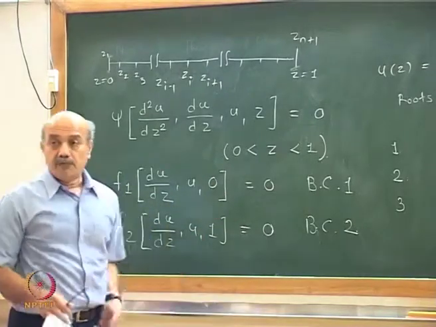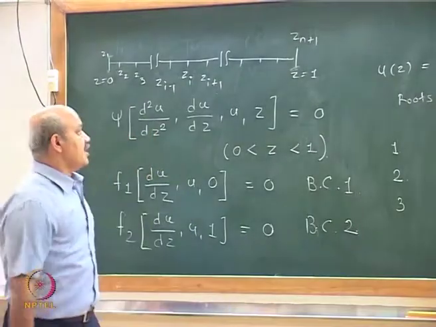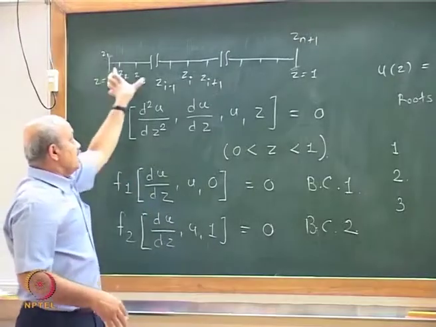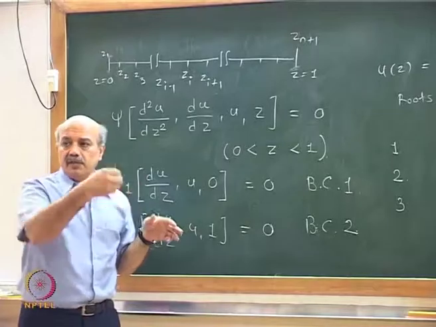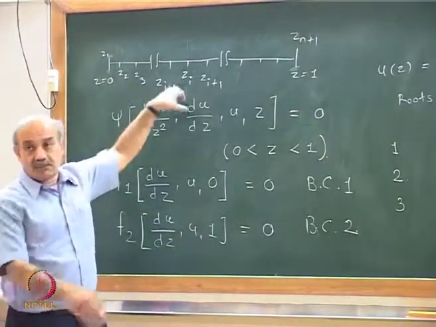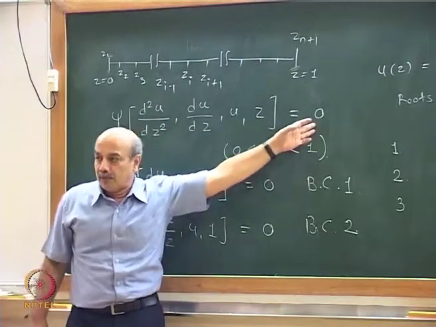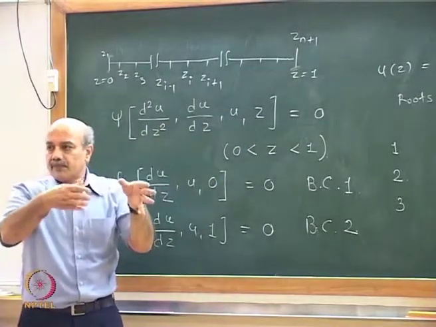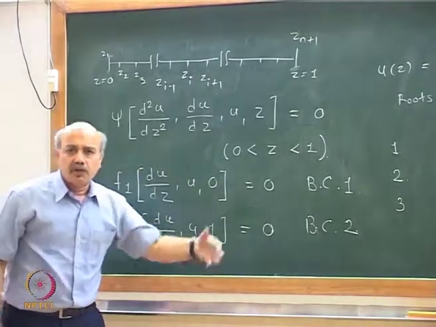If you want more collocation points, then typically we do orthogonal collocation on finite elements, which means we divide the domain into sub-elements, and within each element we define collocation points. So if we want 50 collocation points, we don't use a 50th order polynomial. We take a 5th order polynomial, divide this domain into 10 segments and place roots inside each subdomain. But that we will not be discussing now.